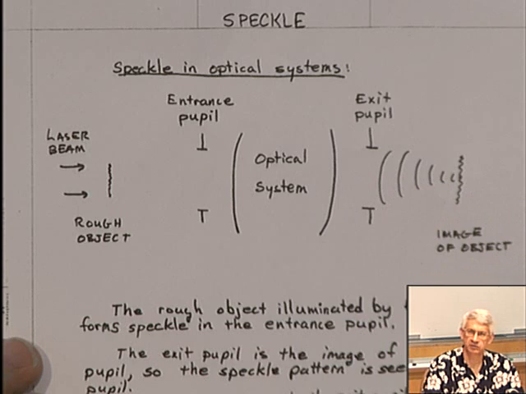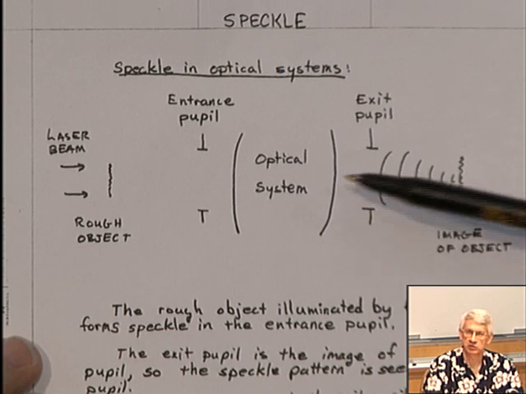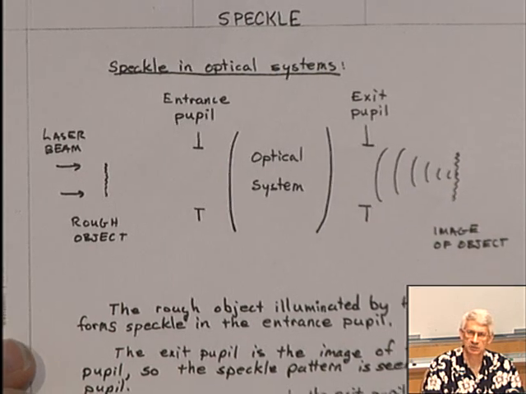It's like the Fraunhofer pattern that we had in the first case, where we just looked at the rough object being illuminated and looked at some distance away from that pattern to the observation plane. It's just, again, a Fourier transform.